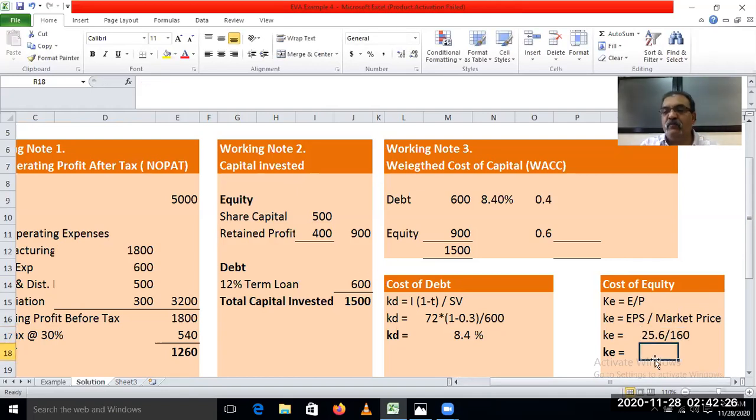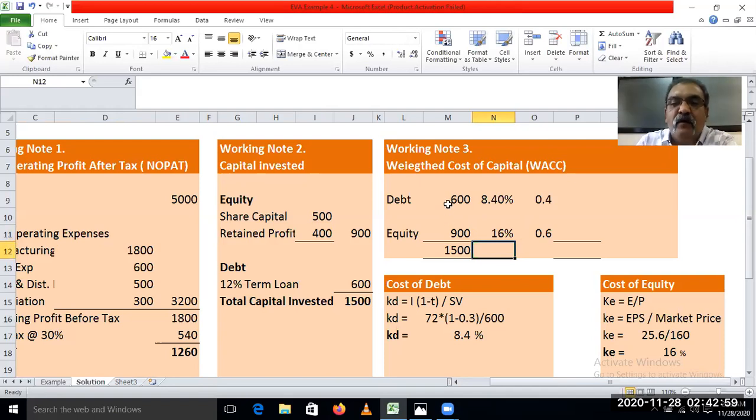So 25.6 divided by 160 into 100, as we have to find out the percentage. Now that comes to 16%. So cost of equity comes to 16%. So specific cost of equity is 16%.